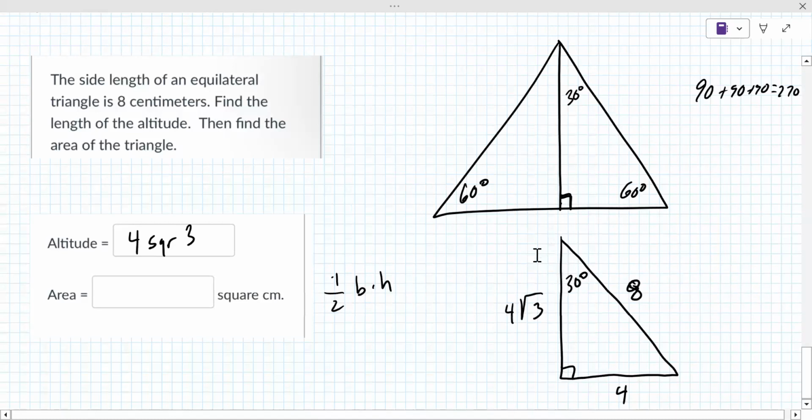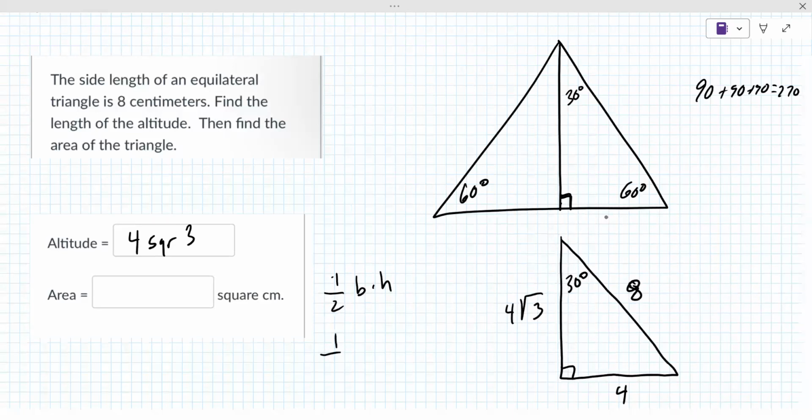The height is the altitude. 8 times 4 root 3... Try again. You got 1/2 of 8 times 4. You only take half of one of the numbers. Oh, okay. It'll be 16 square root 3. Yes.